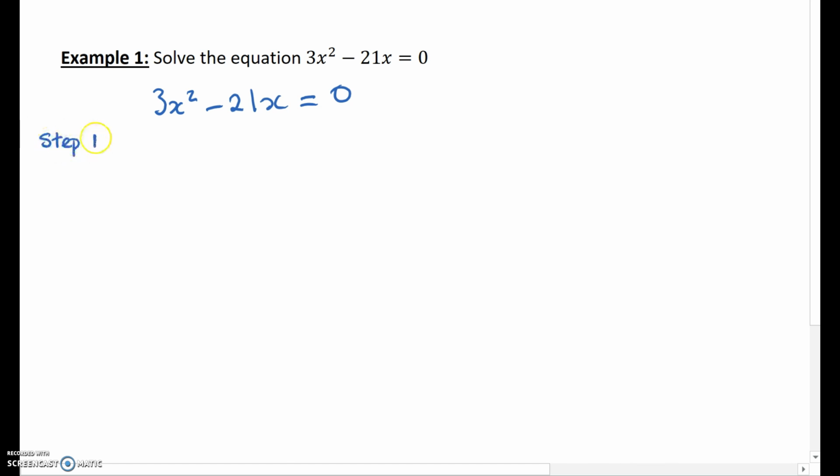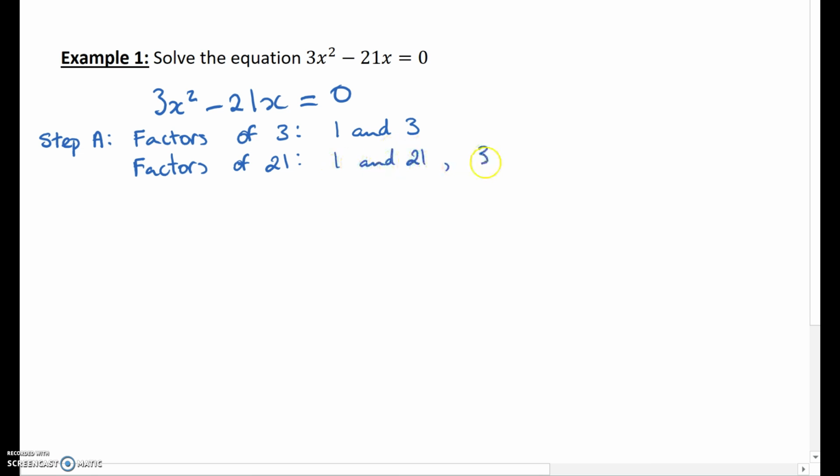Step, I think we called it A, B, C, D, and E the last time. So step A was to write out the greatest common factor of 3 and 21, the factors of the numbers. So the factors of 3 are 1 and 3. The factors of 21 are 1 and 21 and 3 and 7.